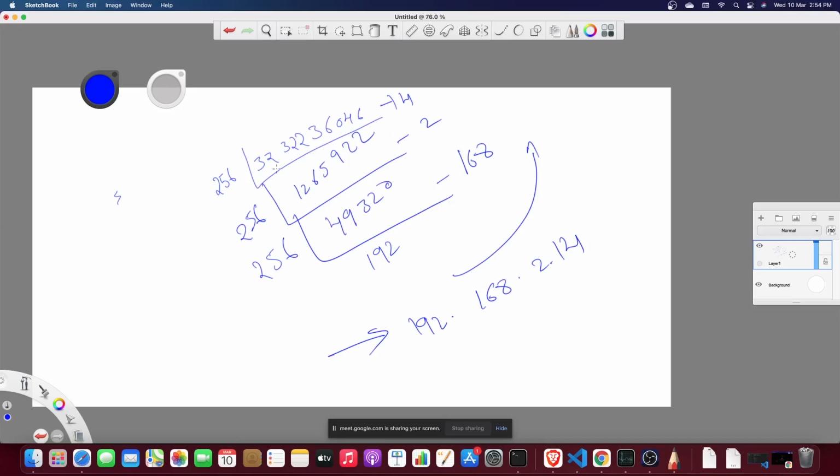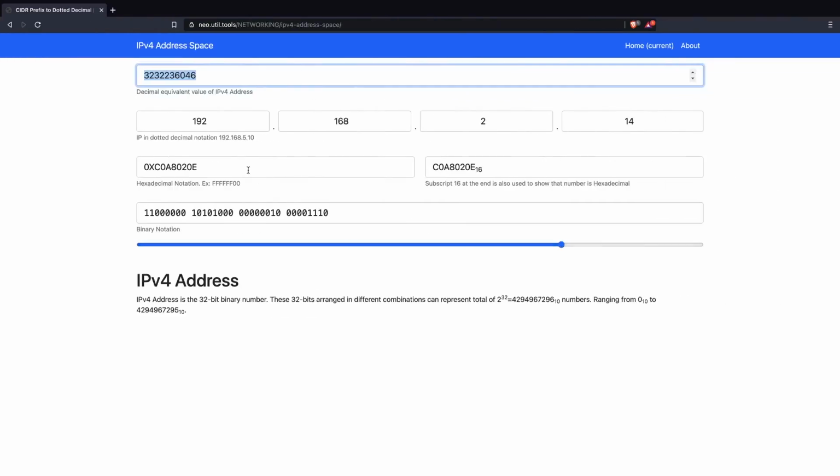And as you can see here, that is what we have: this number converted to dotted decimal. If you want to convert any IP in the form of a decimal value to dotted decimal, what do we do?